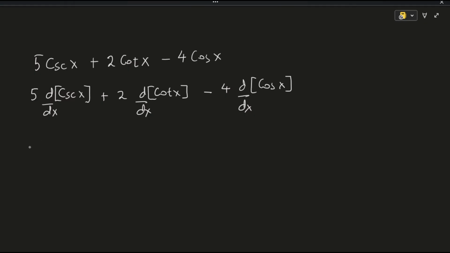So we're going to have the derivative of cotangent x is given by, and the derivative of cosine x is negative sine x.